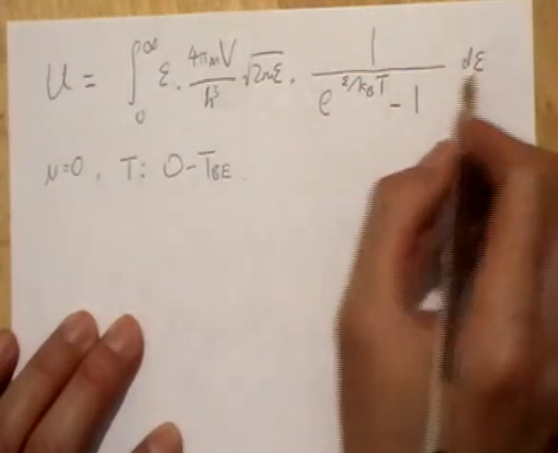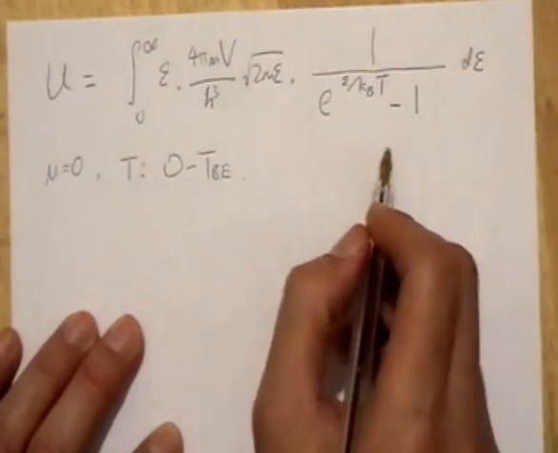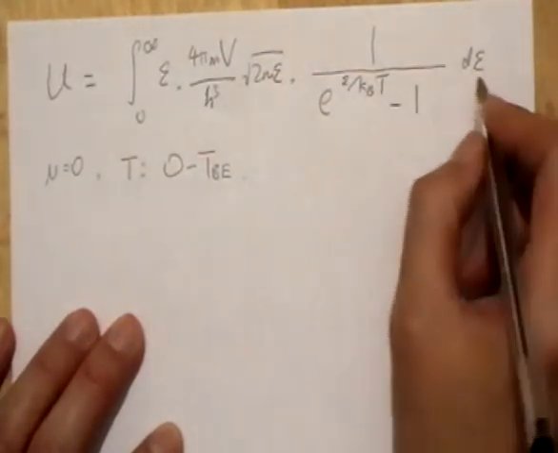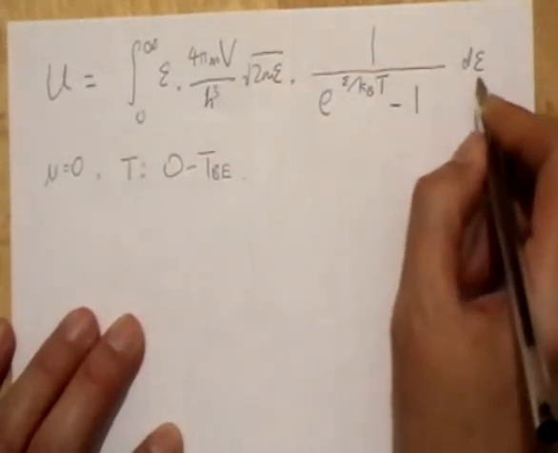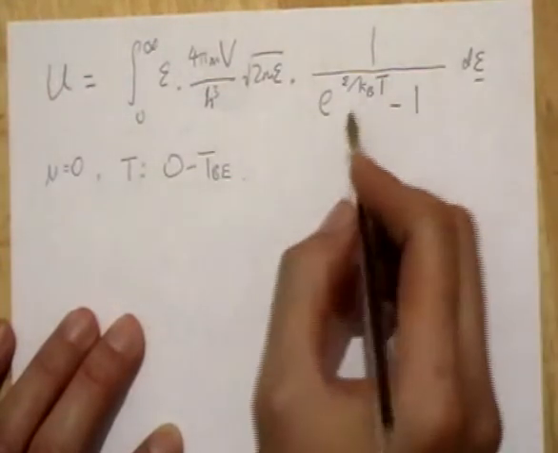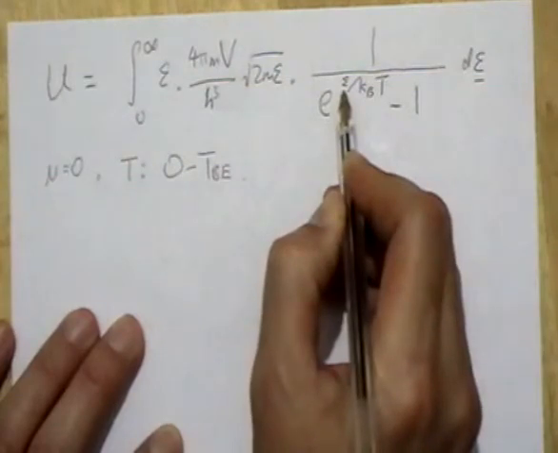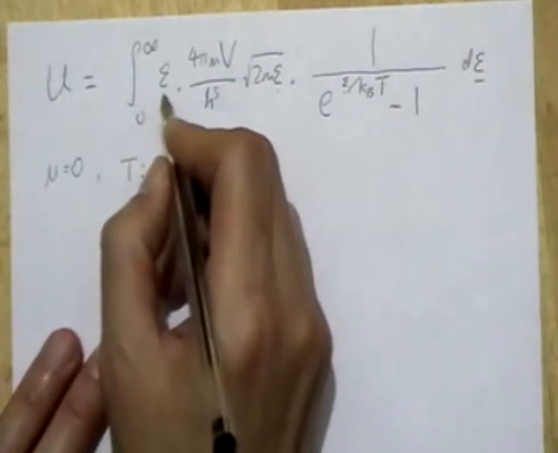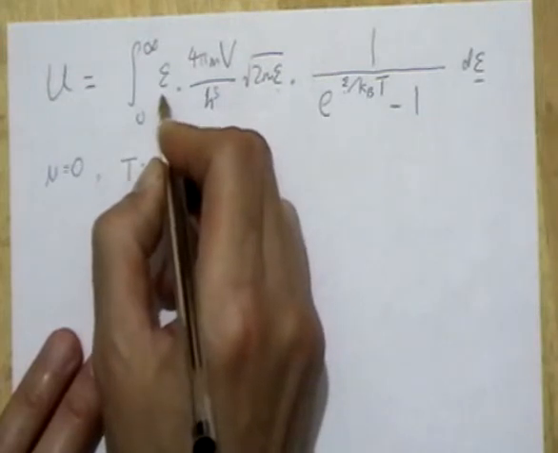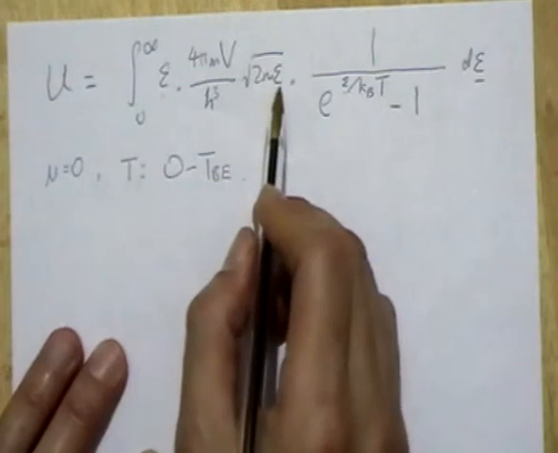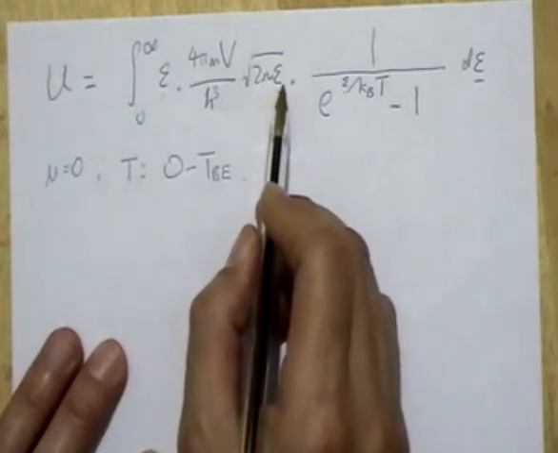Well, let's look at where the variables are. So the variable is E. That's the integrating variable, and we can find E there. We have an E to the power of half there, and we have an E there. So E times E to the power of half is E to the power of 3 halves.